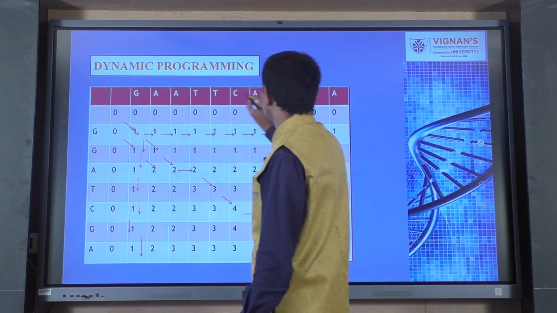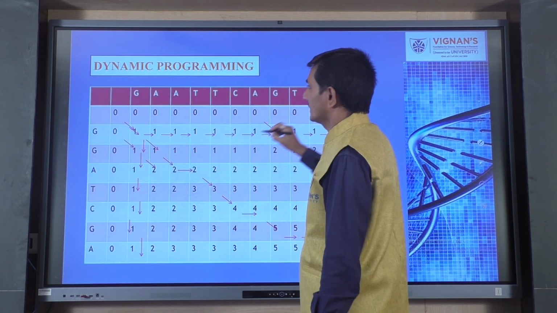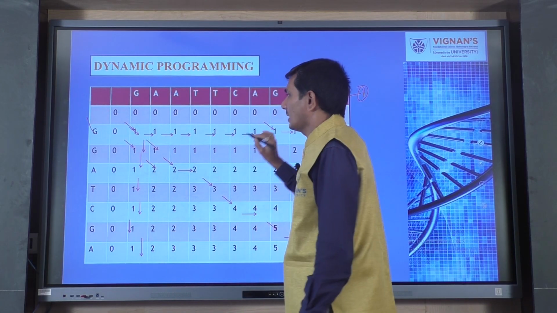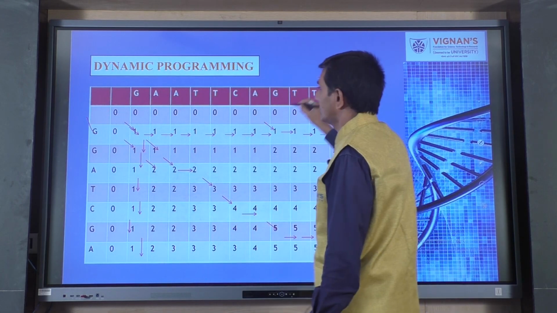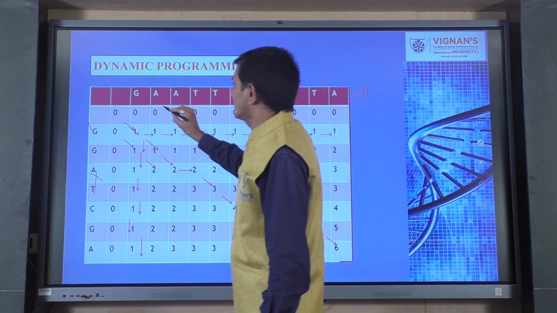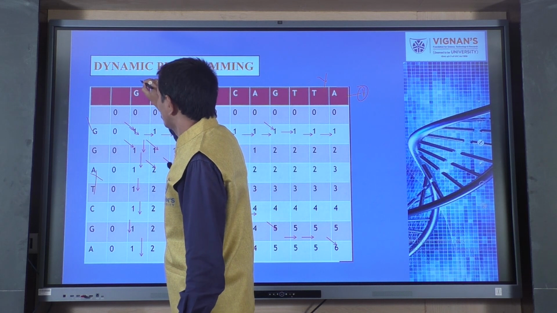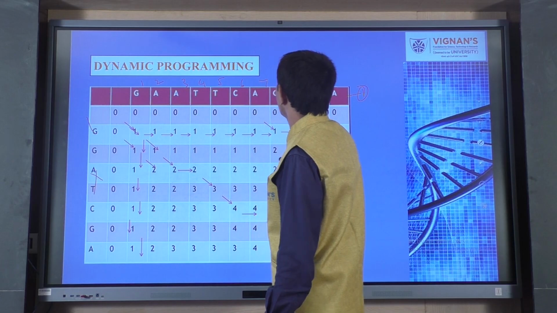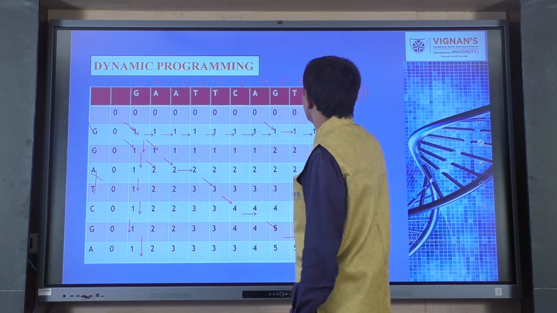So, here are the 2 strings, this is string 1 and this is string 2. String 1 is plotted along y axis and string 2 is plotted along x axis. So, let us number this, right. This is column number 1, 2, 3, 4, 5, 6, 7, 8, 9, 10 and 11.